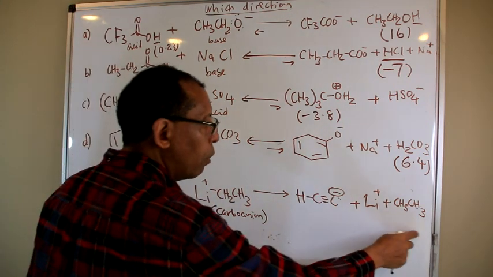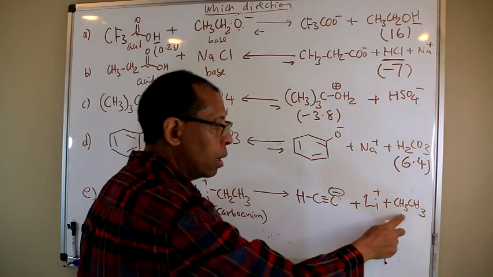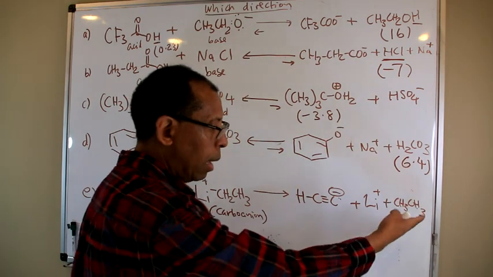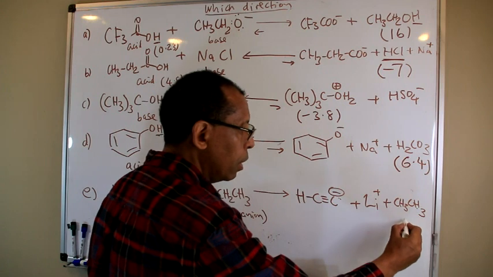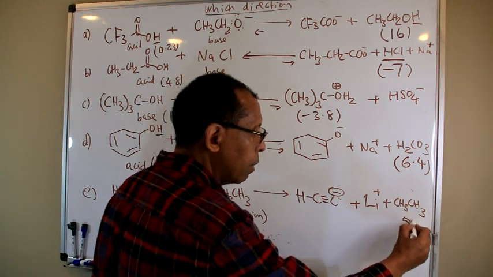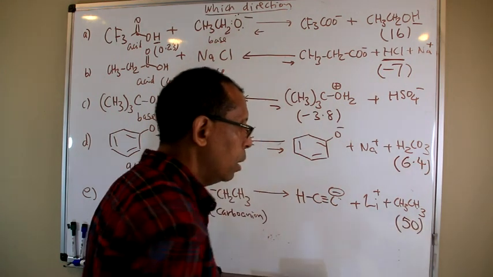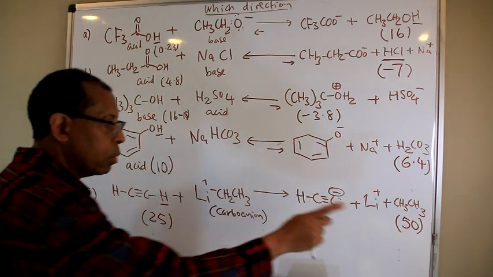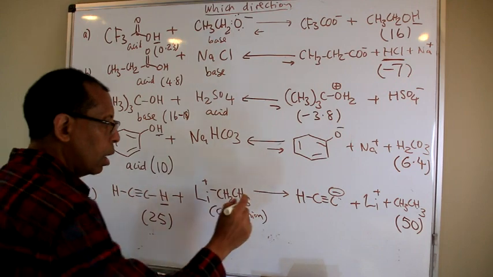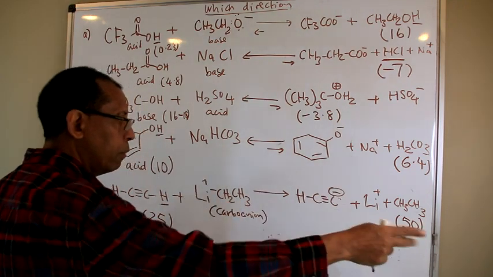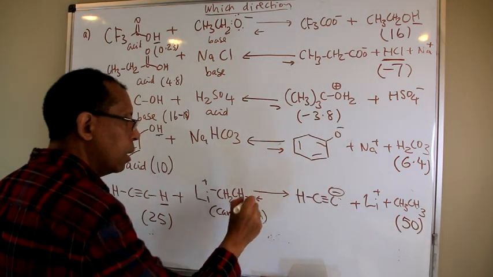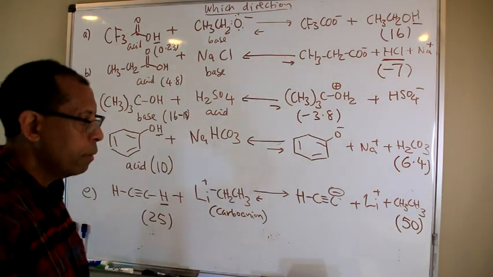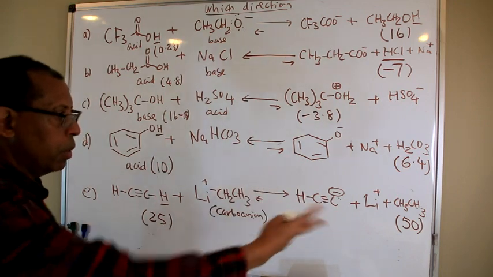The pKa for alkanes, or just sigma bonds, carbon-carbon bonds, is very, very high, pKa 50. So this is pKa 25, going to pKa 50. The reaction is favored in the forward direction, with very little going backward. So this reaction goes forward to the right based on the pKa difference.